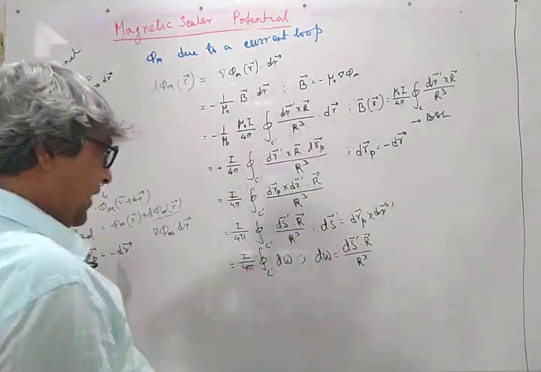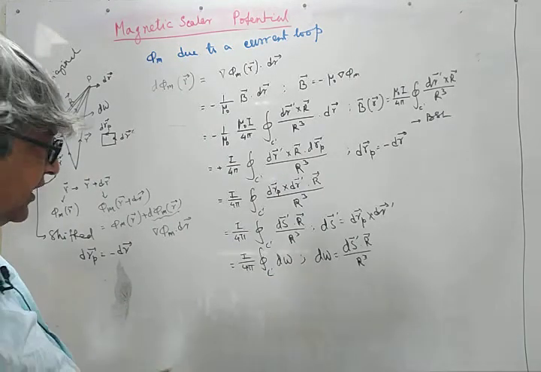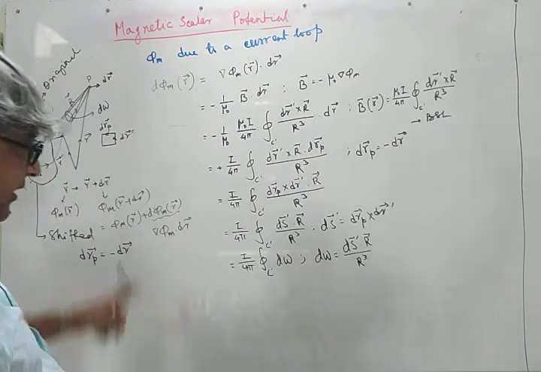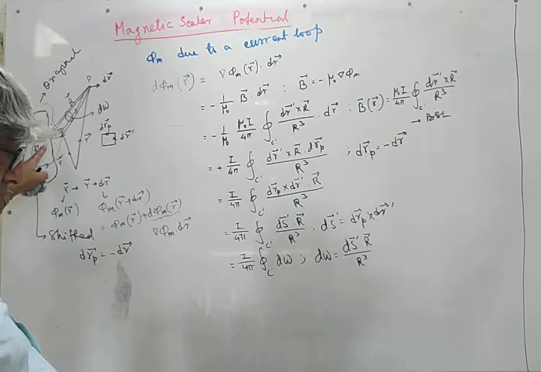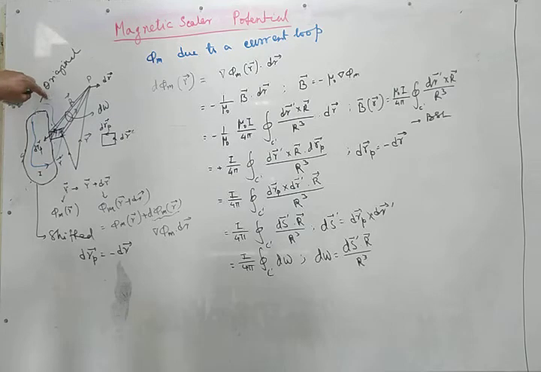It is the solid angle subtended by the current element I dr prime between its original position shown by the blue line and the shifted position shown by the black line at the point of observation. So this is the solid angle.